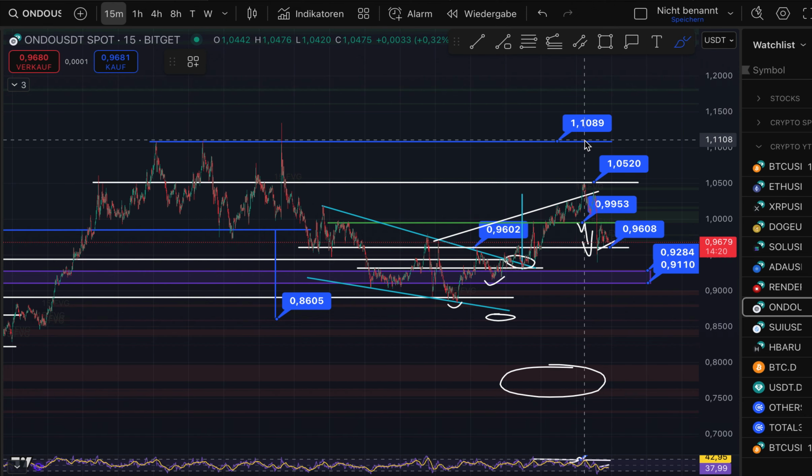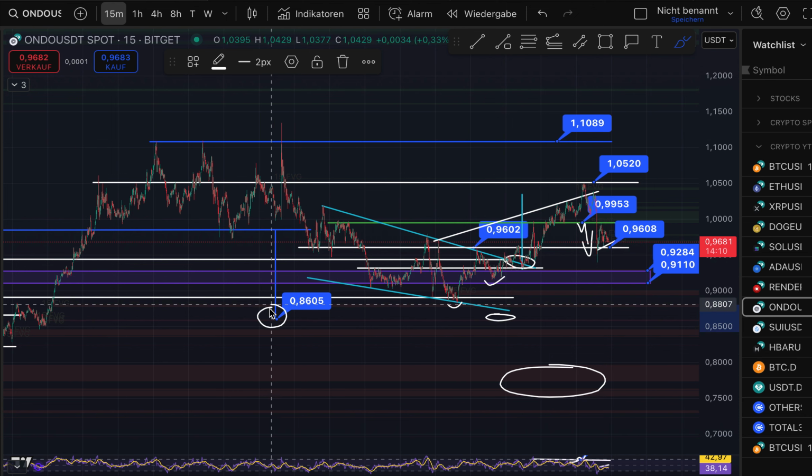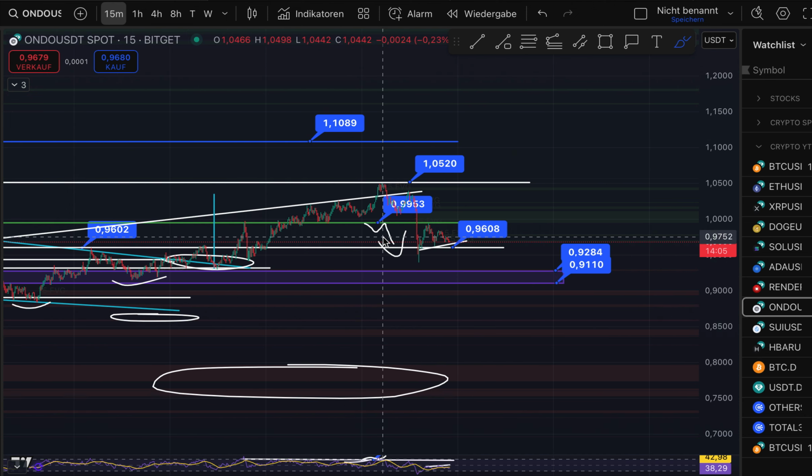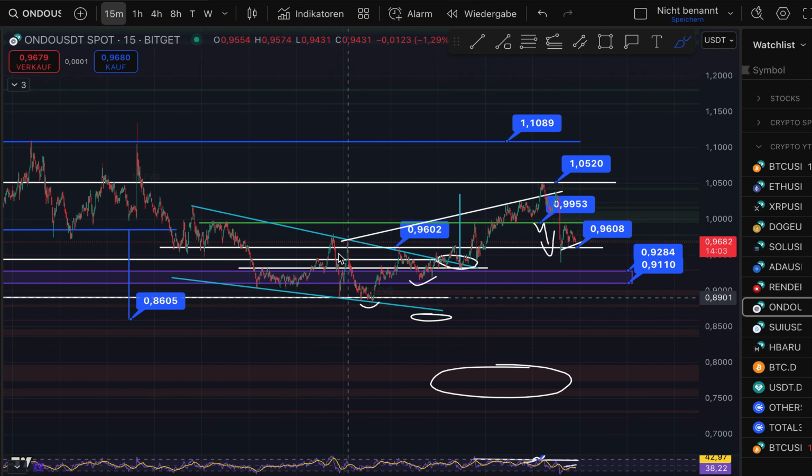We needed to break the $1.10 to the upside, or it would be more positive. If we would have broke the $1.05 to the upside, then we would have invalidated this target. But so far it's still ongoing, and I would just keep it on the chart. Anyway, the chart looks very messy. We already hit the target of the falling wedge. So after this video, I'm going to delete the patterns which we don't need anymore.